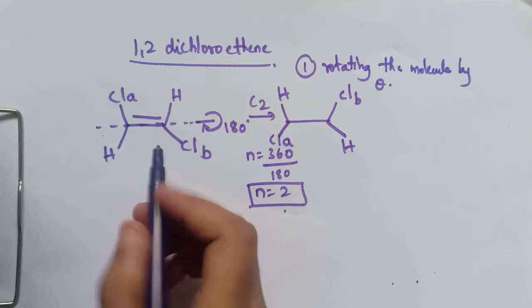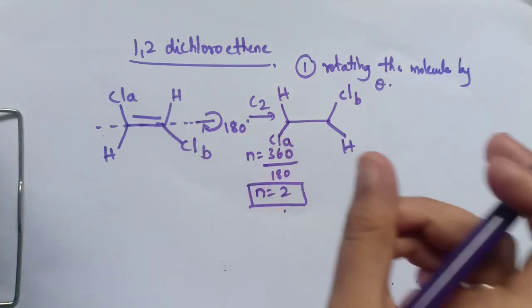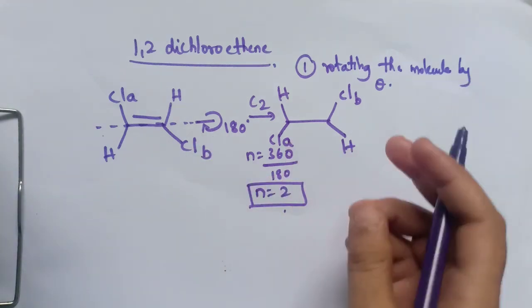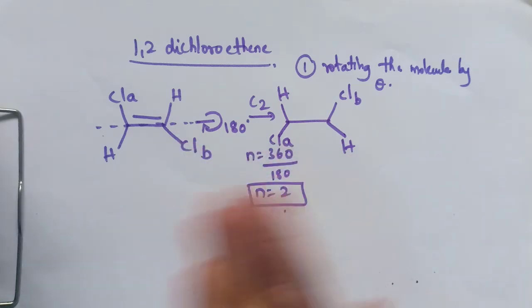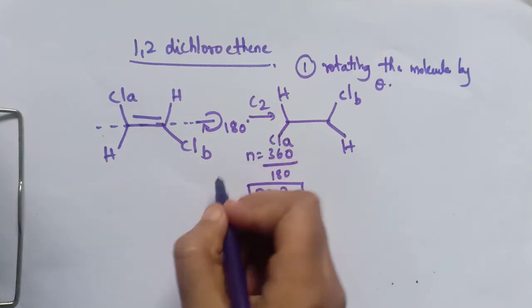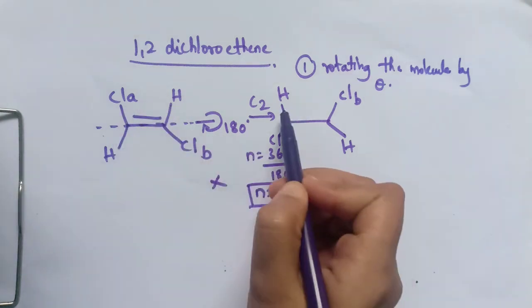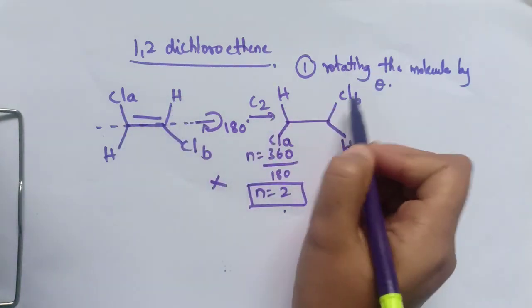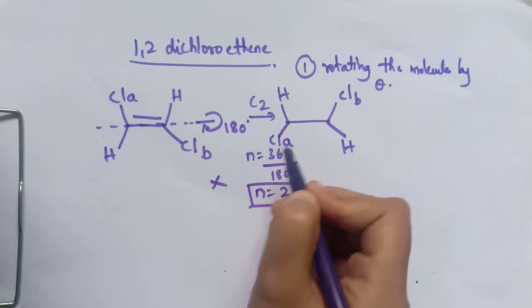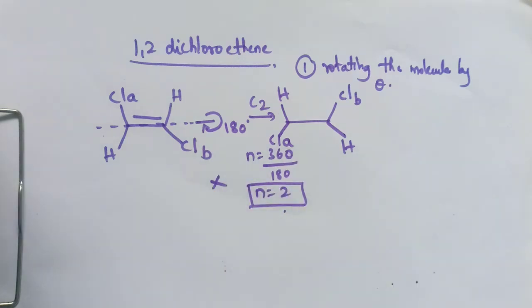Now see here, it is the original configuration and this is the configuration we have obtained now. Compare these two. Are these configurations equivalent to each other? No, these configurations are not equivalent to each other. That means here is Cla but here is H, here is H, here is Clb, here is H, here is a Cla and here is Clb, here is a H.